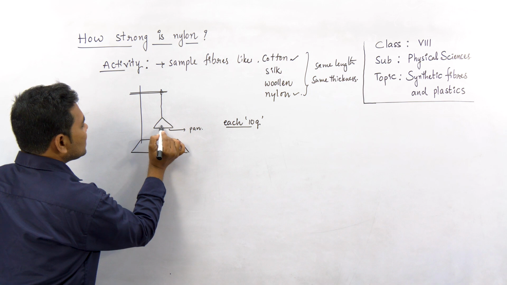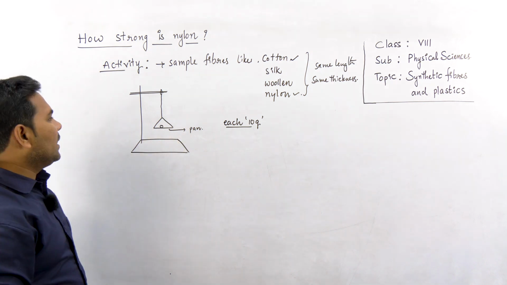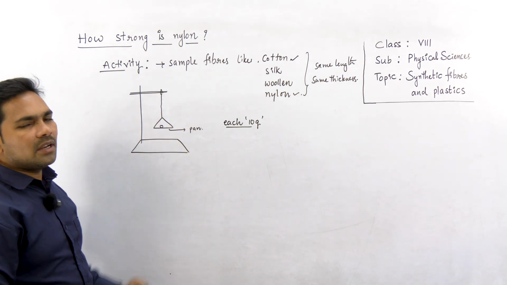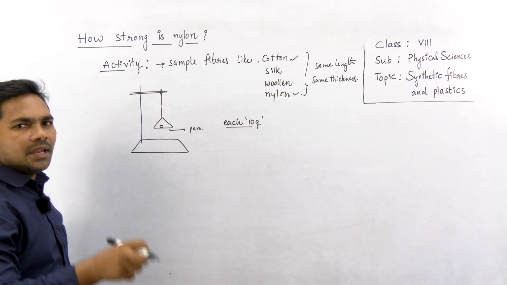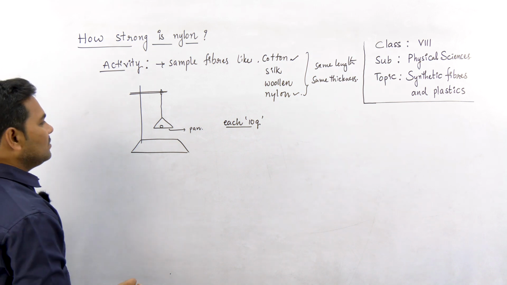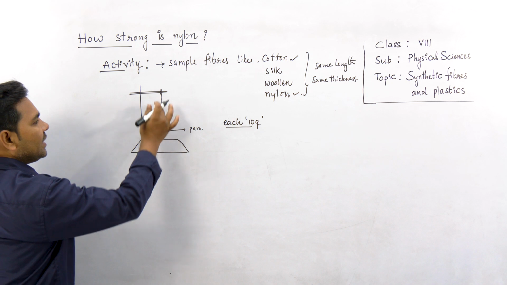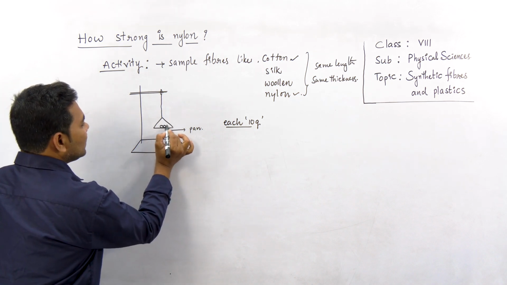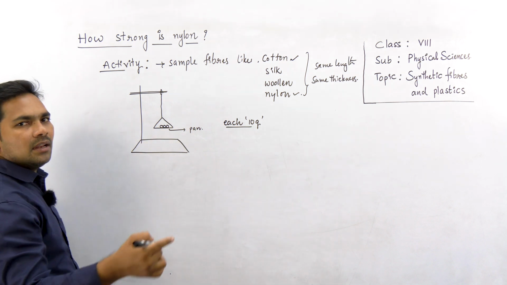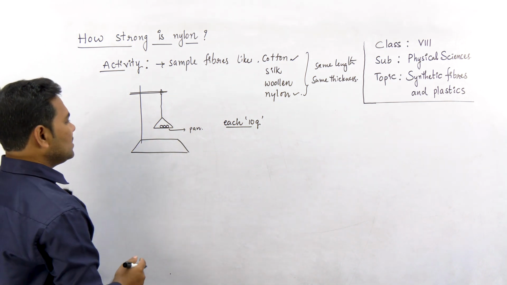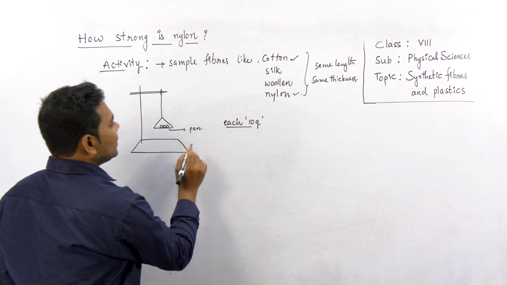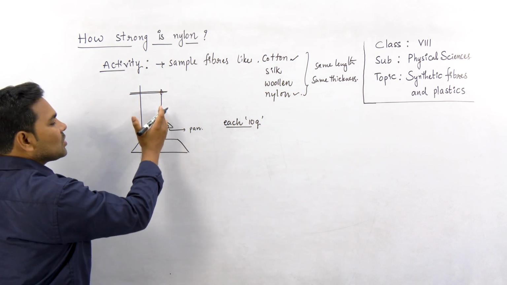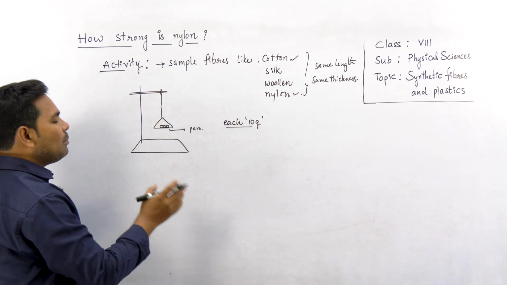If I place a 10 gram weight, let us see whether the cotton thread breaks or it can bear that weight without breaking. If it is not breaking, let's add one more 10 gram weight, till the cotton thread breaks. And let us measure the weight up to which this cotton thread can withstand.